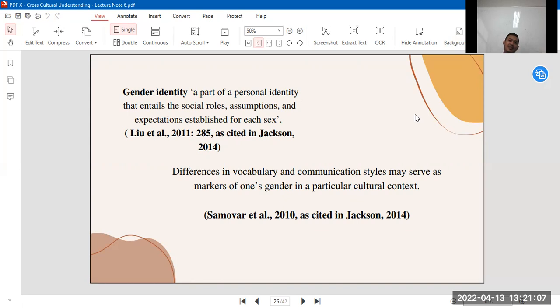Nowadays, women in many cultures are in professions that were once reserved for males, and vice versa. Just as gender-related behaviors vary among individuals and within cultures, notions of what it means to be male or female, or masculine or feminine, also differ.